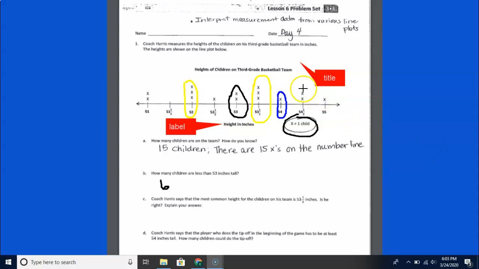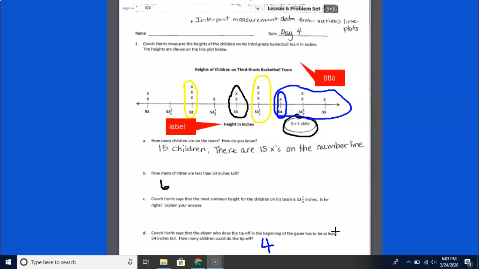So we need to count all of the children at 54 inches and higher, which would be 54 inches, 54.5 inches, and 55. If we count each X within those measurements, we have 1, 2, 3, 4 children who can actually do the tip-off.